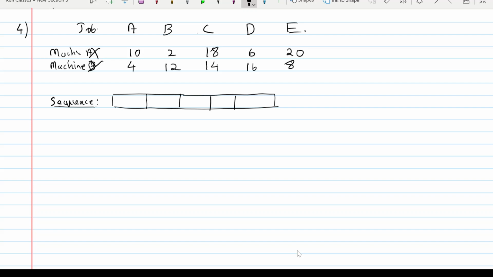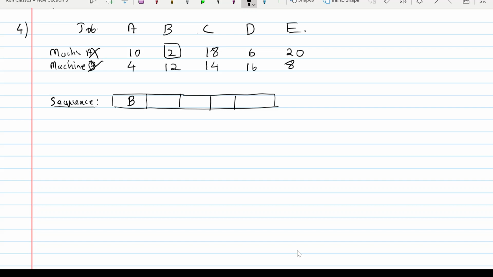Okay, so which is the lowest value over here? 2, correct? 2 is the lowest value. It belongs to which machine? A. So it will go on the right hand side or the left hand side? So it's B. Job B goes on the left hand side.